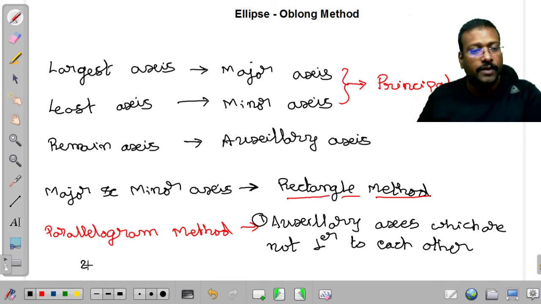So what is the second situation, sir? When can we use the parallelogram method?